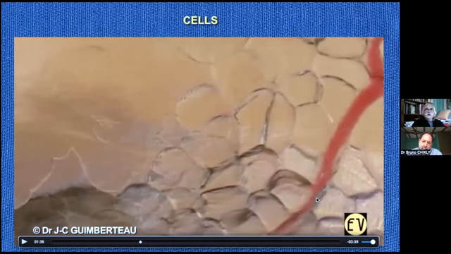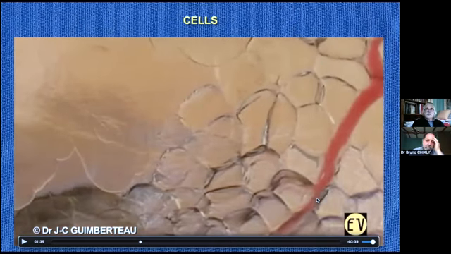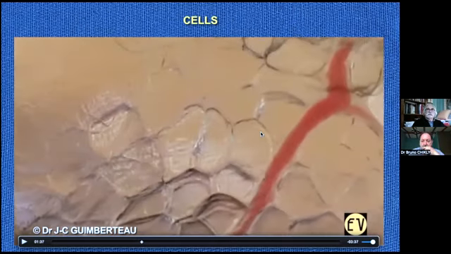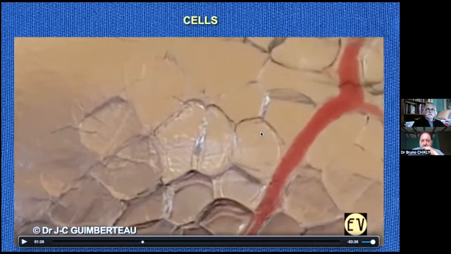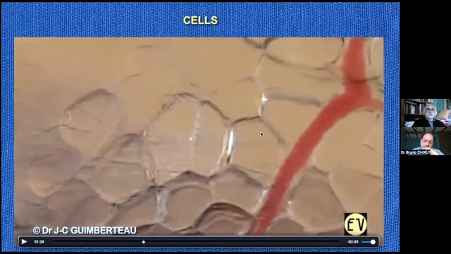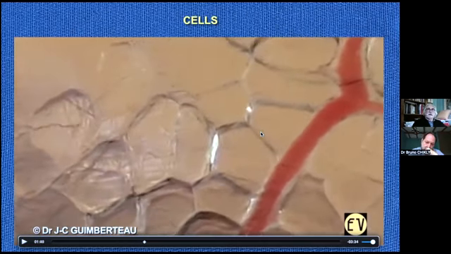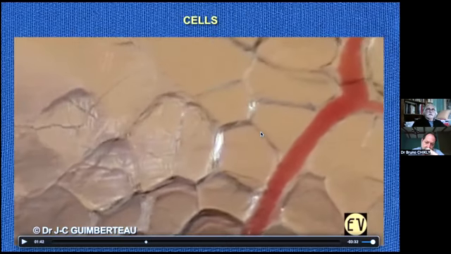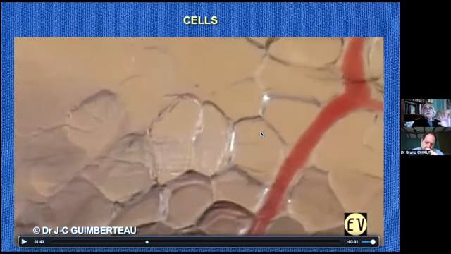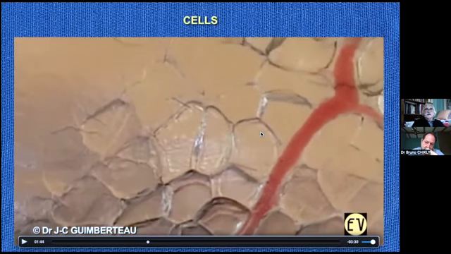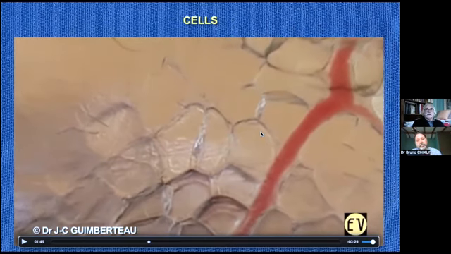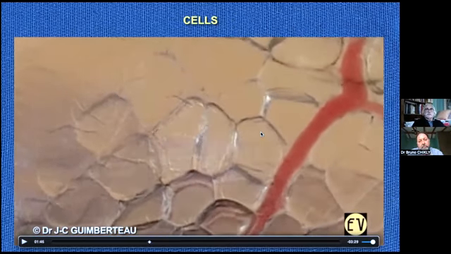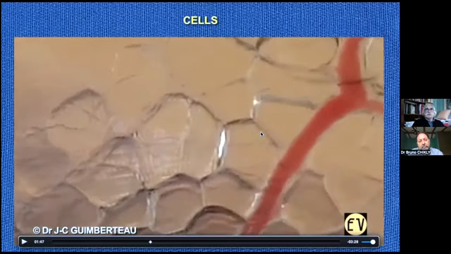It's not a big movement. So you have movement between cells. You observe they change the form.